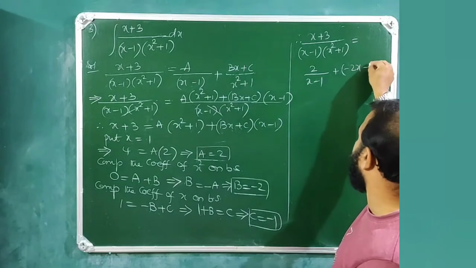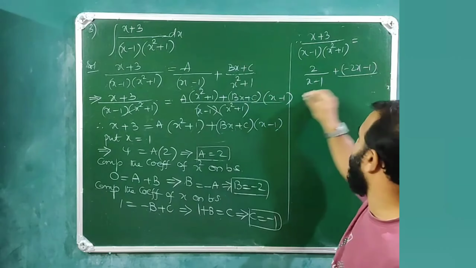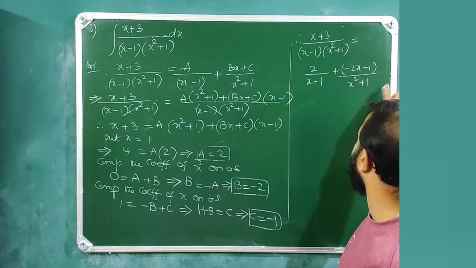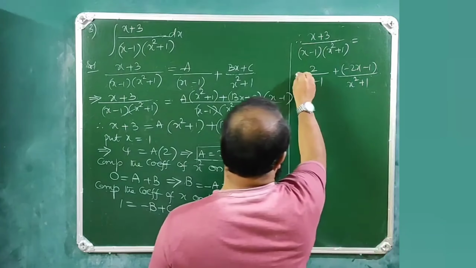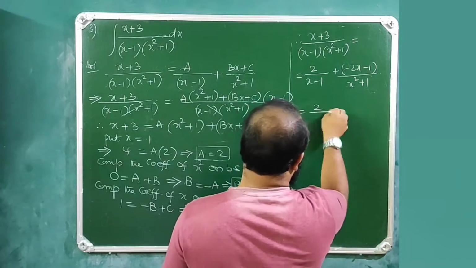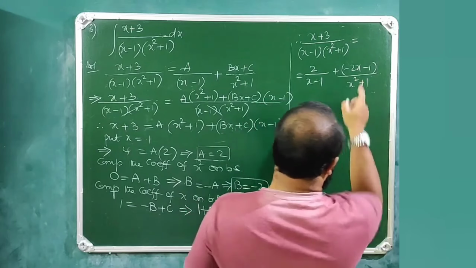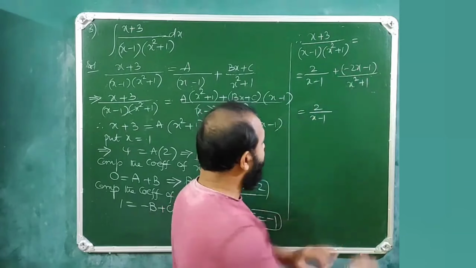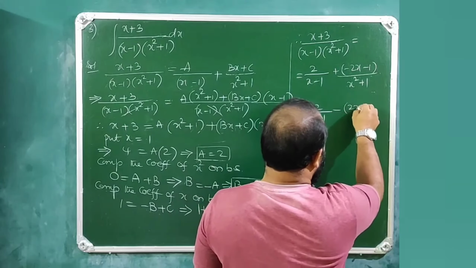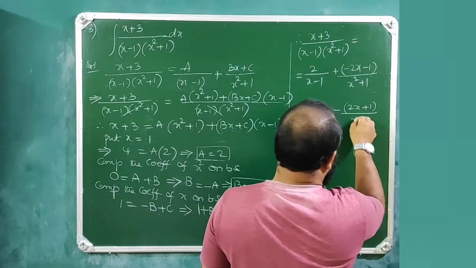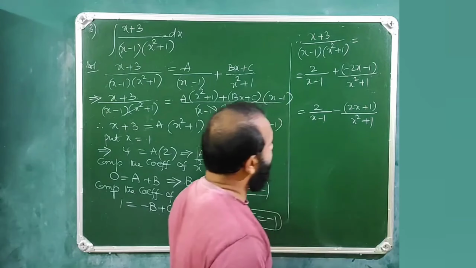C value is minus 1, by x square plus 1. So this is equal to 2 by x minus 1, and if you take minus common here, minus of 2x plus 1 by x square plus 1.